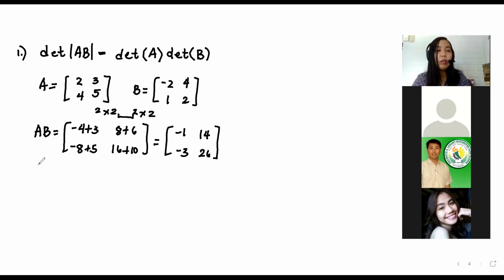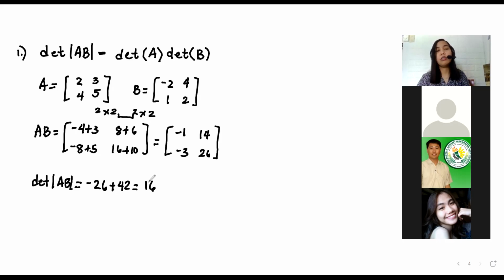And then, you get the determinant of this. On the left side, determinant of AB. When we get the determinant of this, -1 times 26, it's -26, minus 14 times -3, this is -42, so plus 42. So -26 plus 42, it's 16. Yes po, 16.